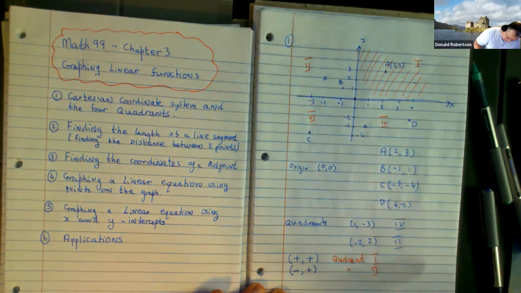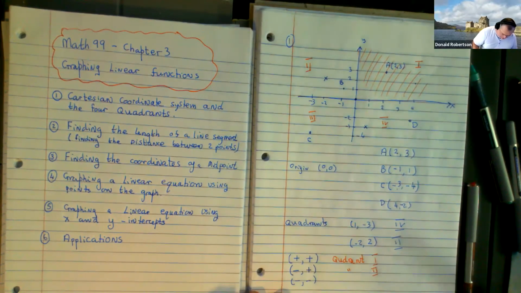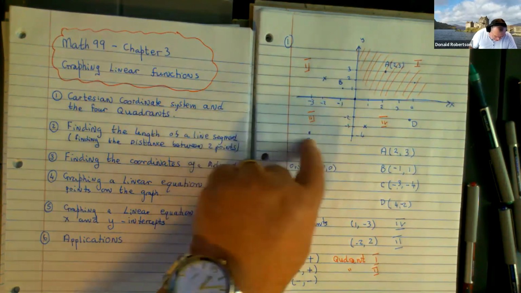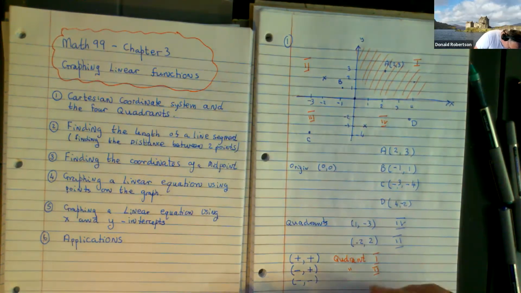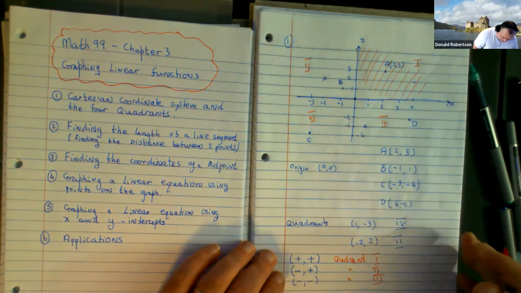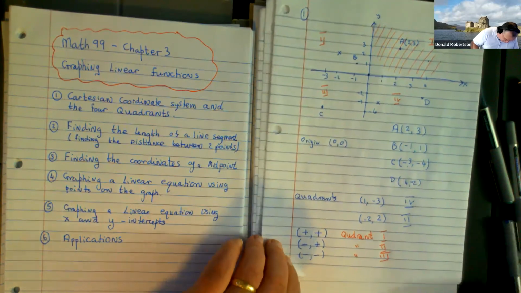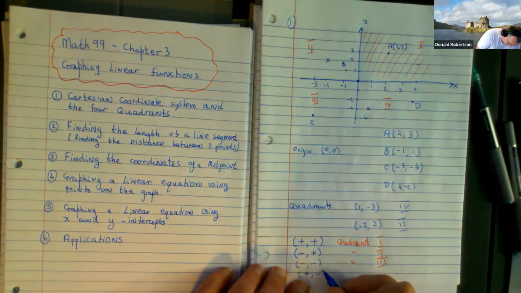The next one is if both of the coordinates are negative. That would put you down here. Things like -3, -7, or whatever. In those situations, you would be in quadrant 3. And the last one would be if you have a combination where the x is positive and the y is negative.